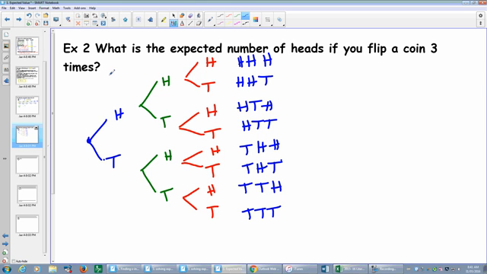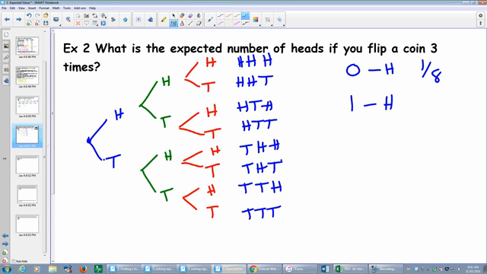Now I'm going to analyze this because I want to know what is the expected number of heads if you flip a coin 3 times. Well, how many ways can I get 0 heads, Scott? Out of? There is 1 out of 8 ways that I can flip 0 heads. 1 head.